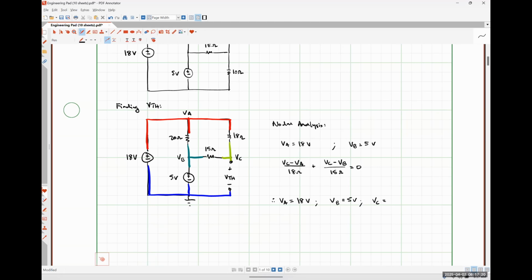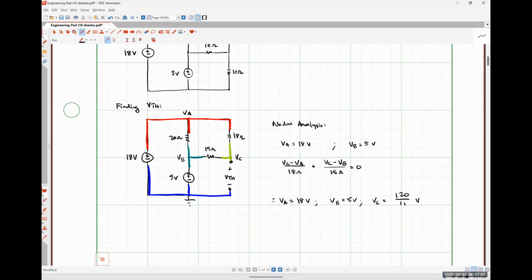And my constant term is 0. And if I type this into my calculator correctly, I got VC to be 120 over 11 volts. Did anybody else get that result? Yay or nay? Okay, getting a couple of thumbs up, so we'll move along from here.